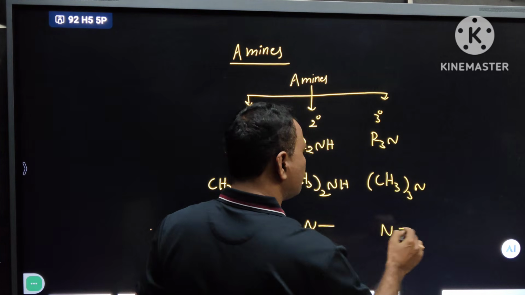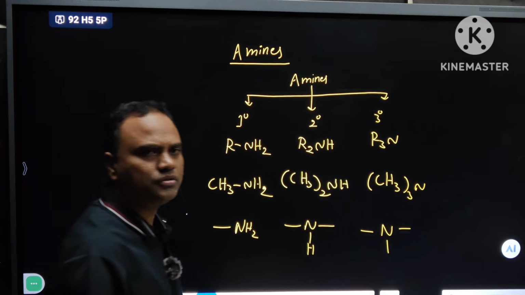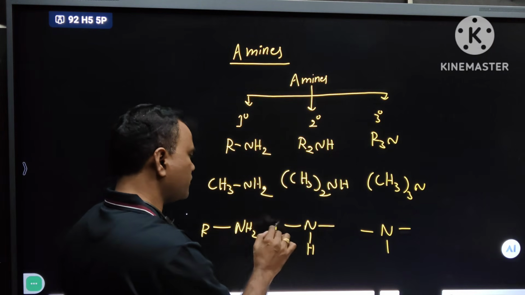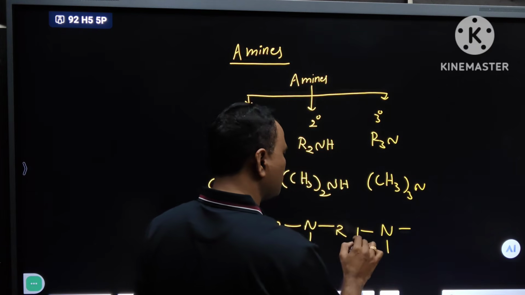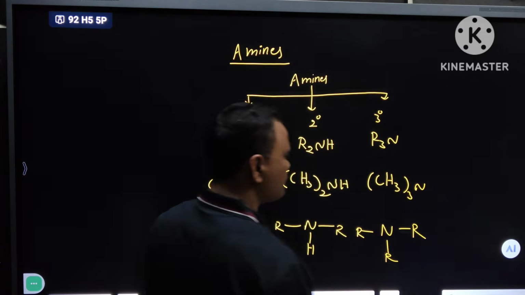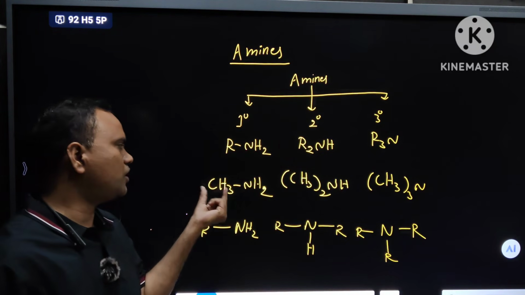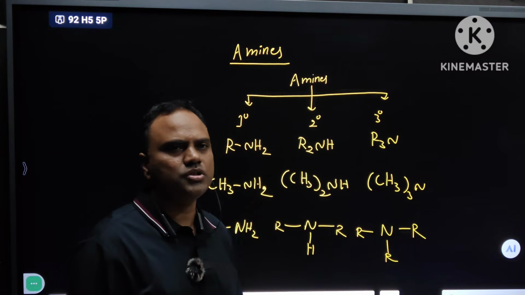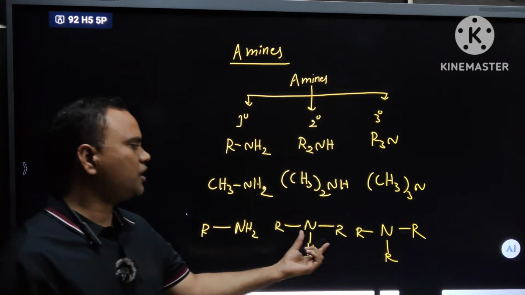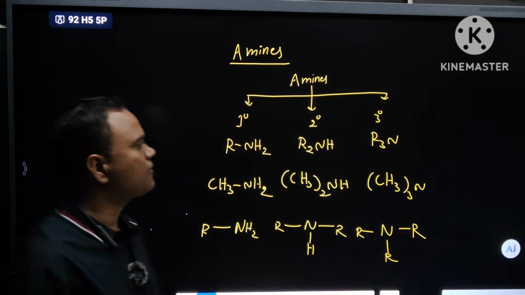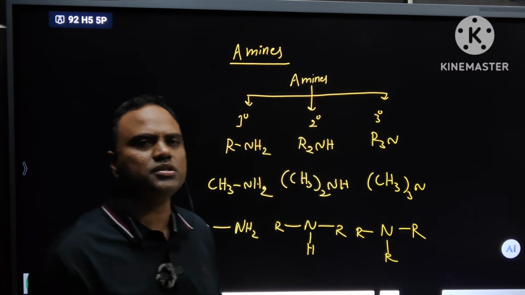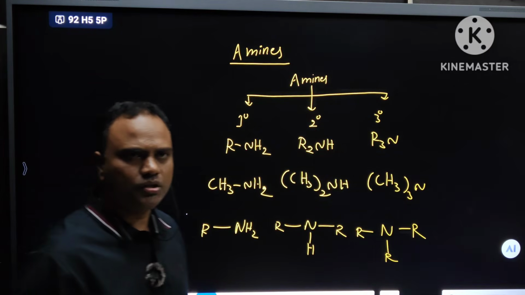If nitrogen is surrounded by three, that is tertiary, with one R on this side, one R on this side, one R on this side. Or simply remember: one R group primary, two R groups secondary, three R groups tertiary. Here I have given the structure format. So amines are classified into how many types? Three types: primary, secondary, and tertiary amines.